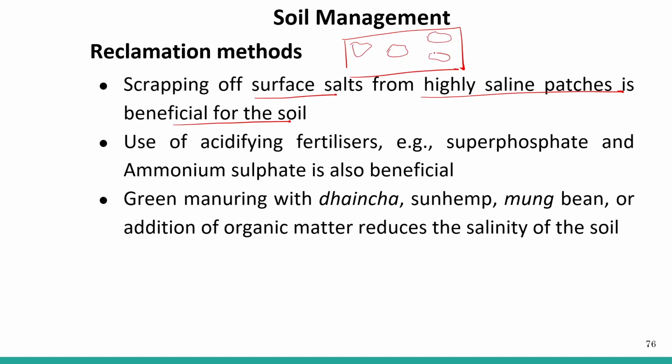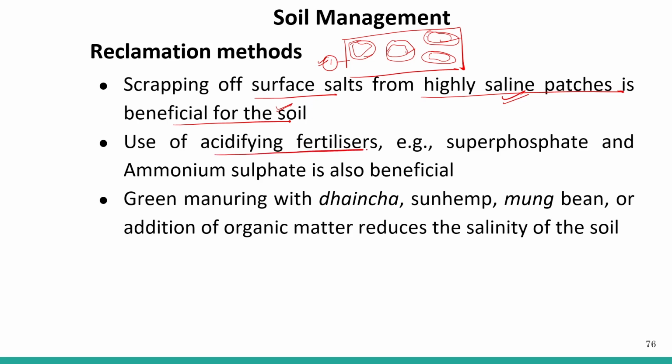They are white patches, right? So we can scrape out those patches, and that part of the soil can be removed. That is one of the ways to minimize the salt content in the soil, right? So this is for highly saline patches, and removal of that is beneficial for the soil.